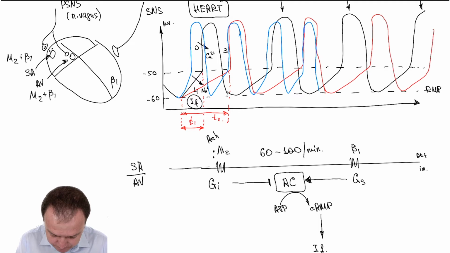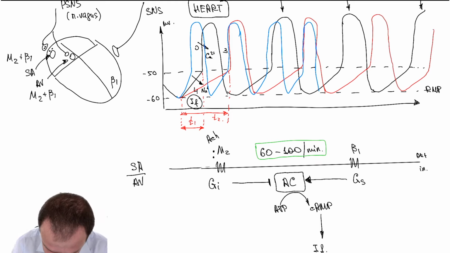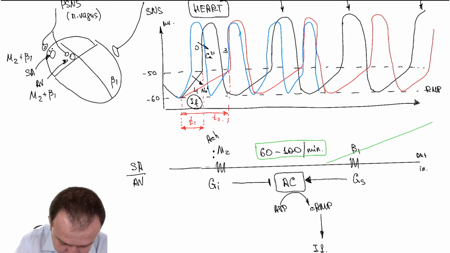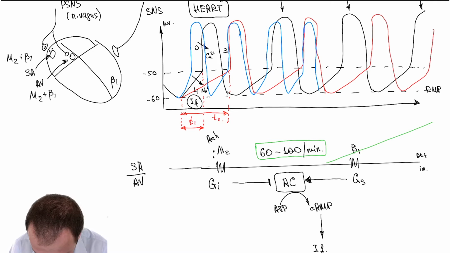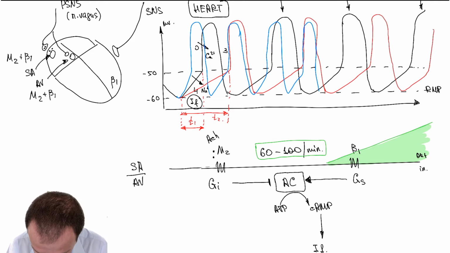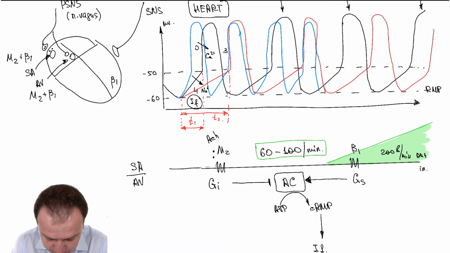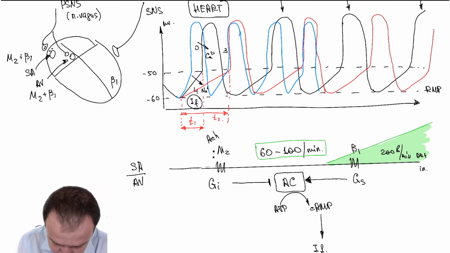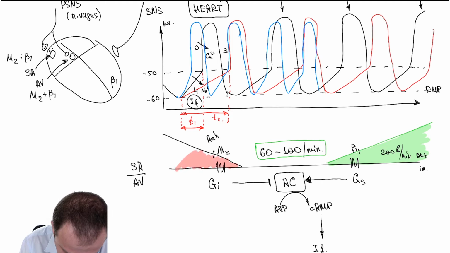What is interesting is that the rate from 60 to 100 is the intrinsic rate of the sinoatrial node, and stimulation of beta 1 adrenergic receptors or activation of the sympathetic nervous system is able to accelerate heart rate up to 200 beats per minute, and activation of the parasympathetic nervous system is able to slow down heart rate to around 50 beats per minute.